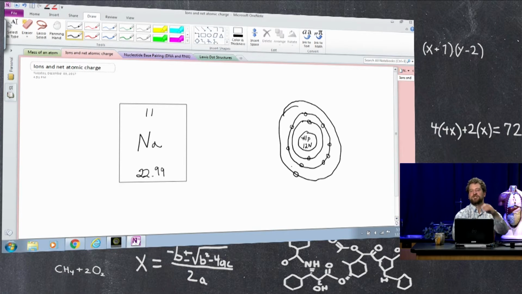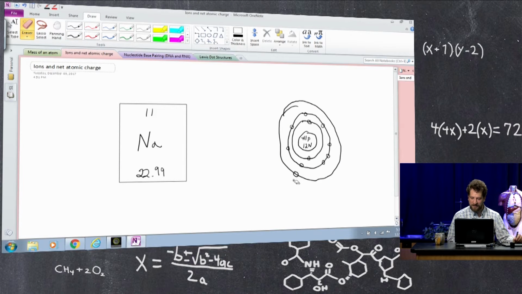So sodium has 2 electrons in its first orbital, 8 electrons in its second orbital, and 1 electron in its third orbital. If you're interested in why certain orbitals take a certain number of electrons, that's something we'll cover in another video. But for now, just bear with me that there is just that 1 electron in sodium's outer orbital.